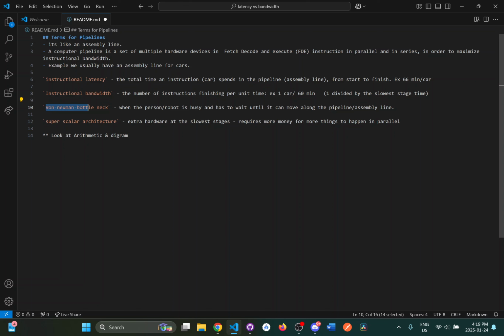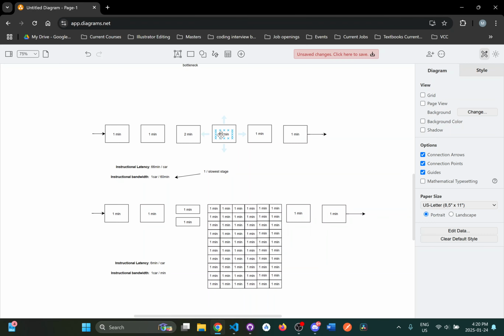Here, the von Neumann bottleneck is very important, because when the person or robot is busy, you will see that it has to wait until it moves along the pipeline assembly line. When we go back, you can see some stages take 60 minutes, some take 2 minutes.